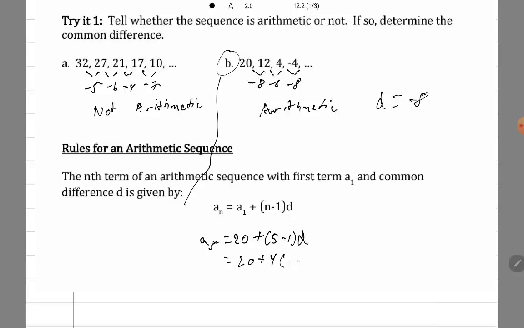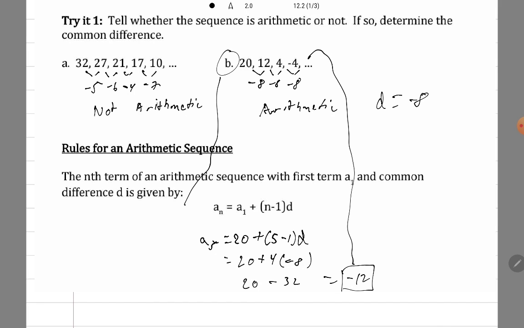D is my common difference, which was negative 8 up there. So 20 minus 32 gives me negative 12. Negative 12 is the fifth term in my sequence. Hopefully that's not too bad.